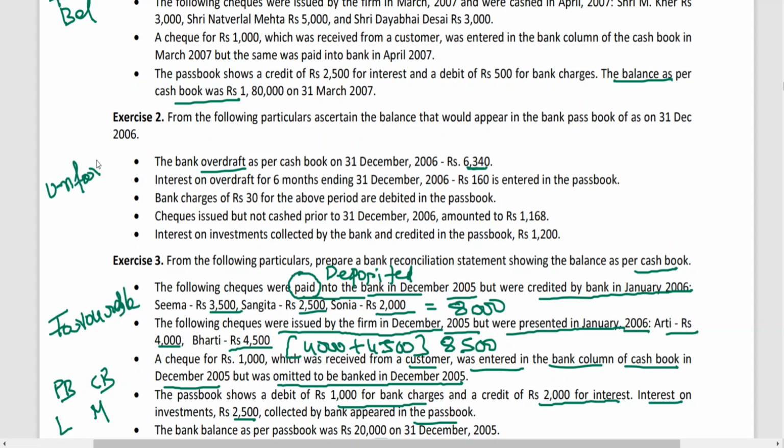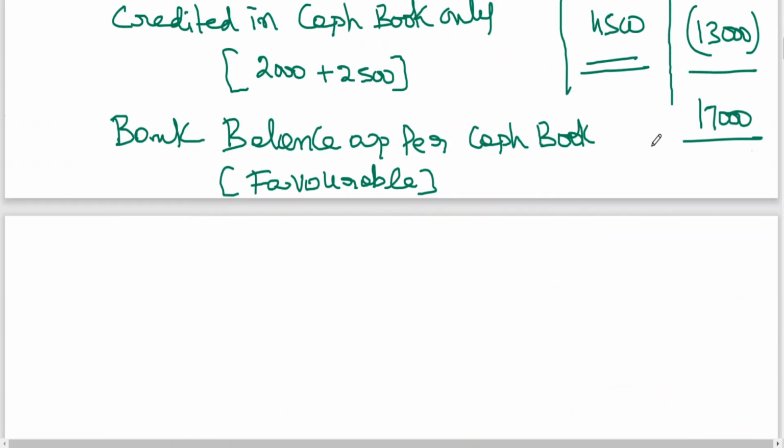Unfavorable means overdraft. Overdraft means without having money. When you start withdrawing the money, this facility is generally provided only to current account holders, means business people. By having some stock as hypothecation, they will be giving you the facility of overdrawing. The bank overdraft as per cash book on 31st December 2006. What happens in case of overdraft?